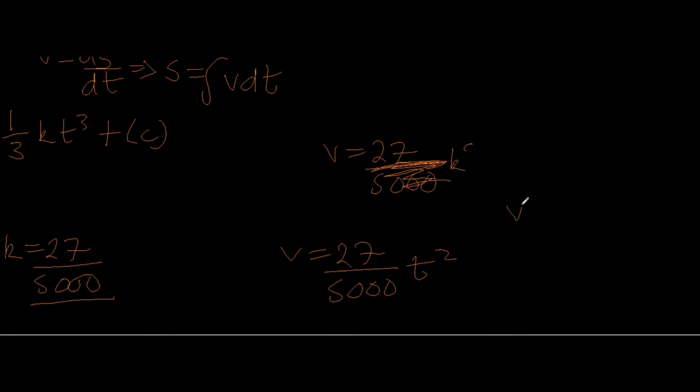So our velocity is going to be 27 over 5,000 multiplied by 50 squared, and that's going to give us 13.5 meters per second.